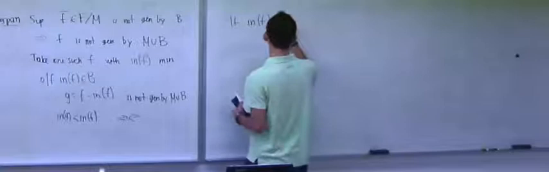Now let's do the other case. So let's assume that this initial term is not in B. What does it mean to not be in B? Well, B consists of the monomials that are not in the initial module.